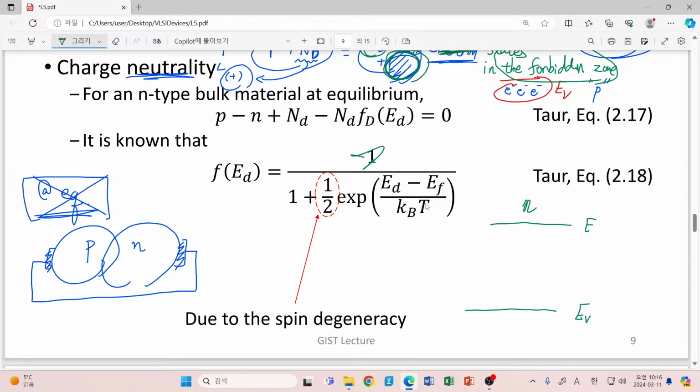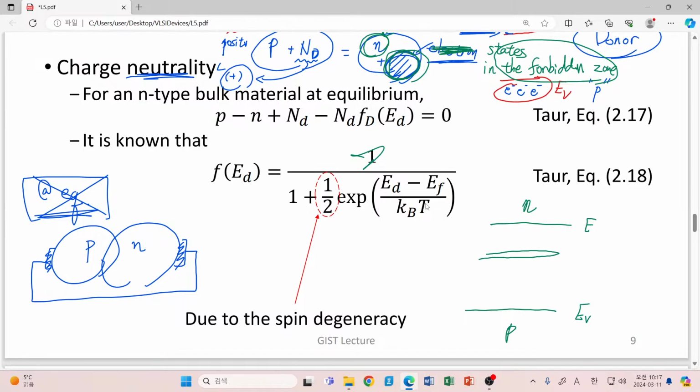Now we can say that electron density is negatively charged, and we have a hole density, it is positively charged, and there is one state generated by our donor, and it can have ND, and this ND is positively charged, and also electrons occupying this new level.